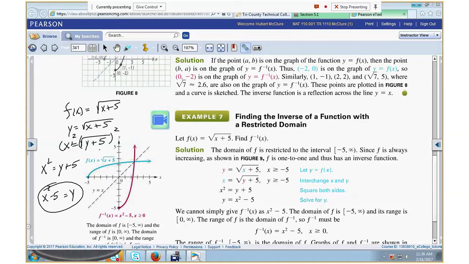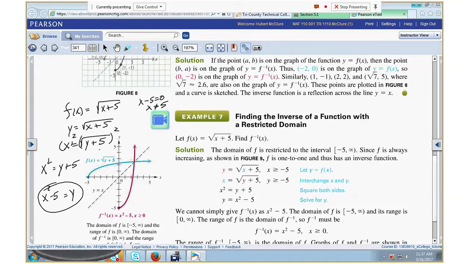But the domain is all real numbers on this one, but what's the domain of the original? Well, you can't take the square root of what? A negative number. x plus 5 has to be greater than or equal to 0. You can equal negative 5, because you can take the square root of 0.